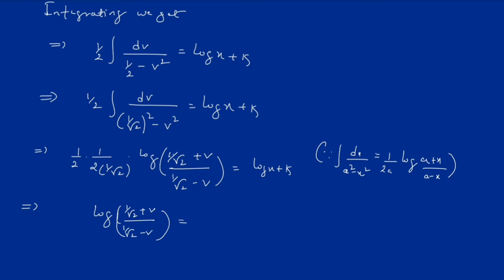After simplifying, multiplying and dividing by 2, root 2 becomes 2 root 2. I will write here 1 upon 2 root 2.